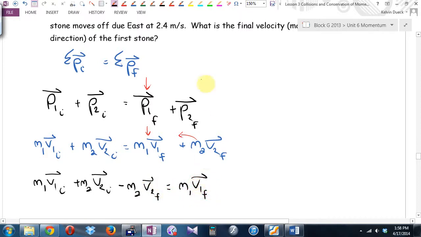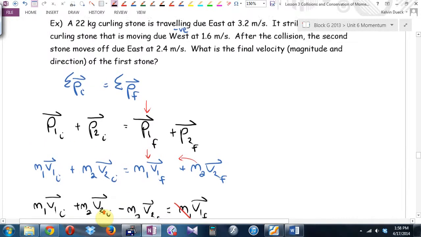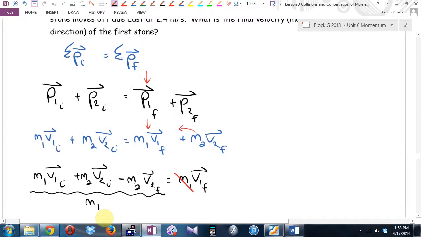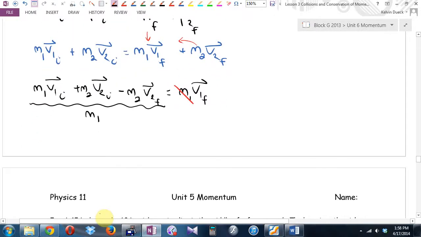Wait a minute, how can I get v1 final by itself? Are the masses identical this time? No, so even if I wanted to, I couldn't cancel the m's out this time.